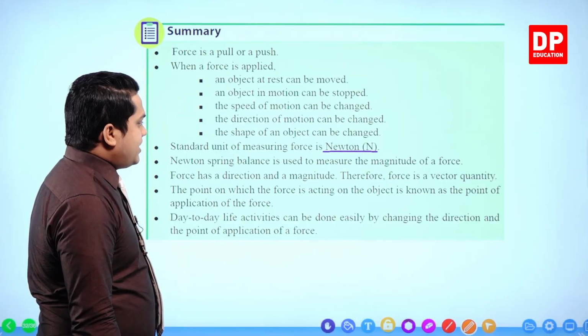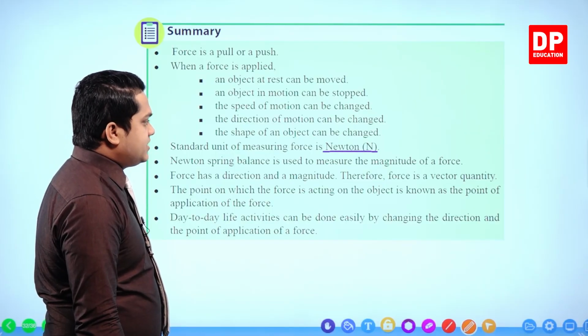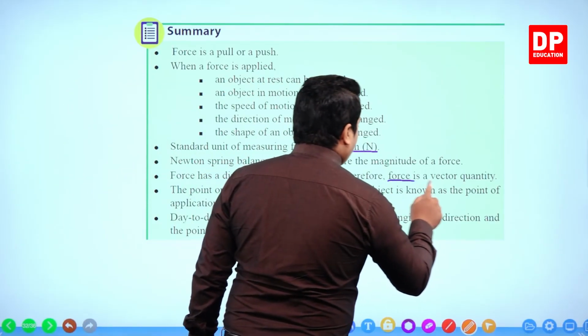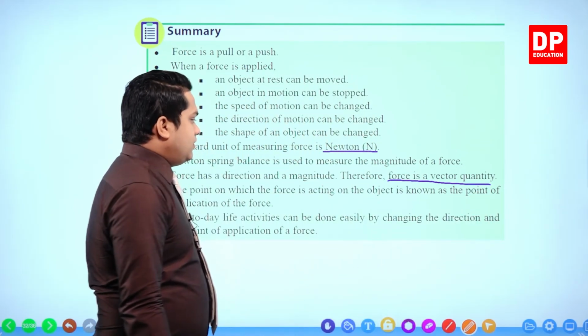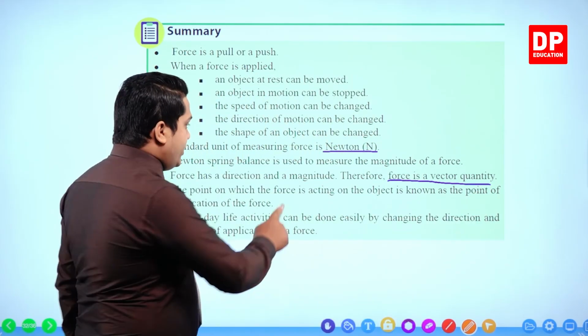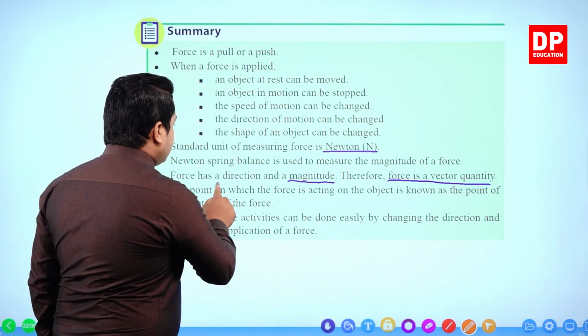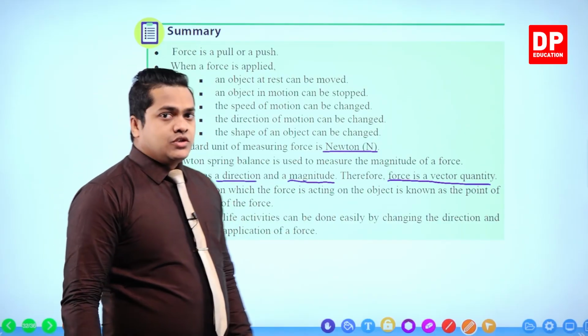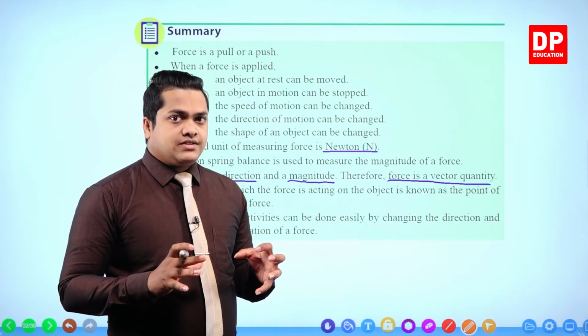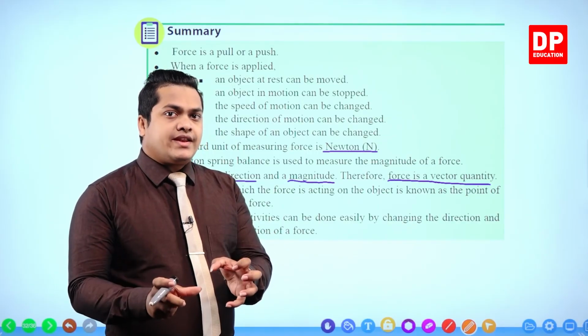Force has a direction and a magnitude. Therefore, force is a vector quantity. Once again, important. Force has a magnitude as well as a definite direction. So forces are things that have a magnitude plus a direction.